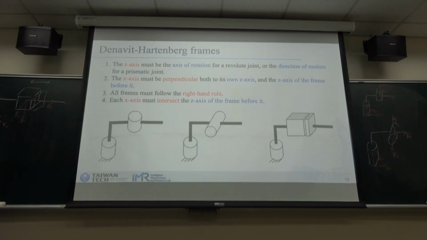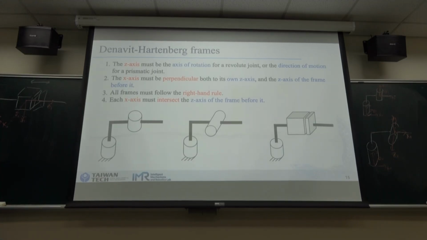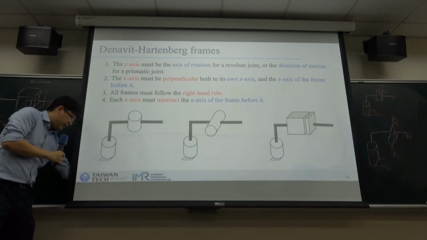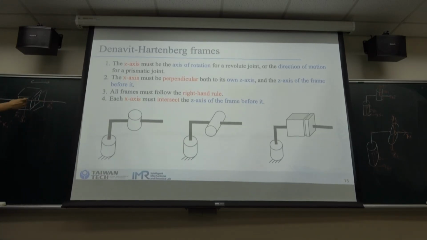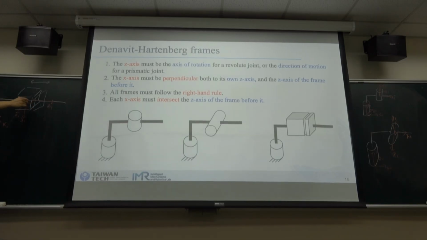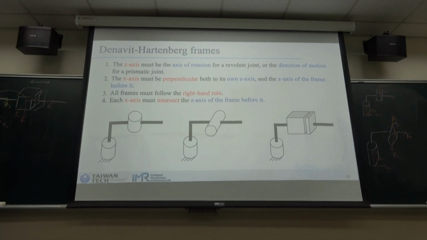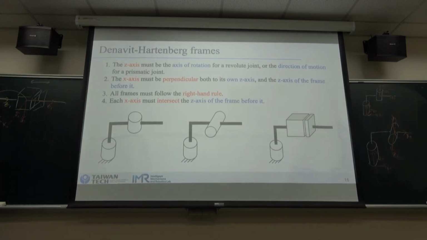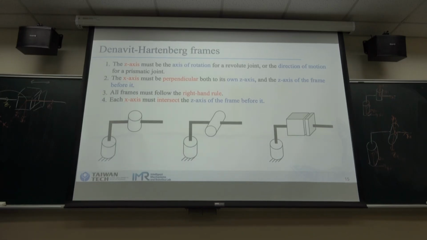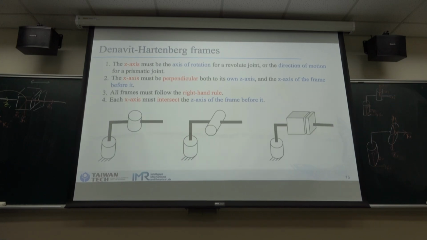So what should we do? The method is that we can move this frame to this point, so it becomes z1 and x1, and here is y1. So the method is moving the frame to satisfy that the x-axis intersects the z-axis.